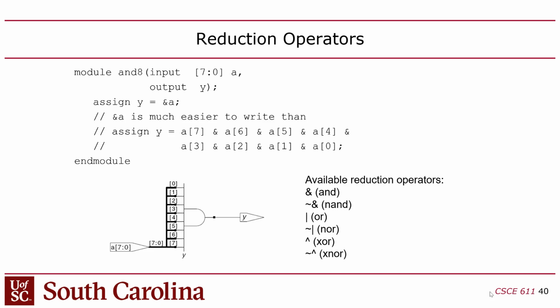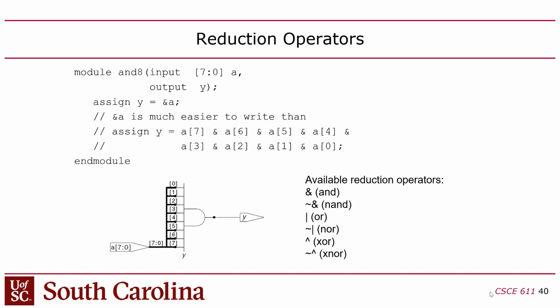Sometimes you want to take all the bits of a multi-bit signal and AND them all together. If you had a 32-bit signal and you put an AND in front of it, that will create a 32-input AND gate, and the output will evaluate to a single bit.